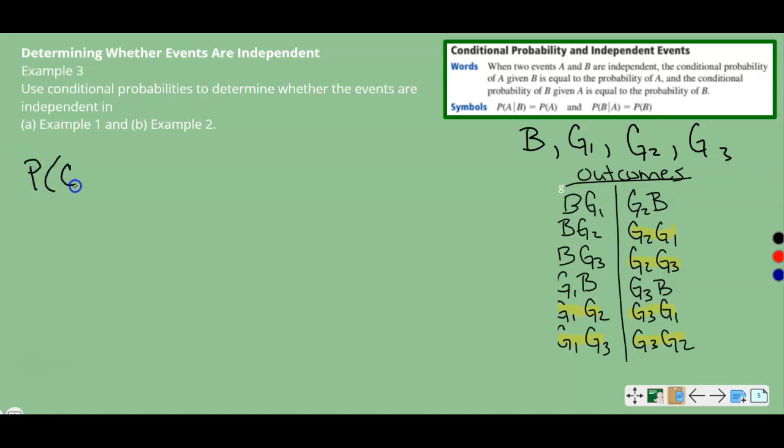So what we want to do is look at the probability of a girl being picked second given a girl was picked first. We want to determine if the probability of B, a girl second, given A, a girl first, is going to equal the probability of B. That's what we're trying to determine to tell if these are independent.